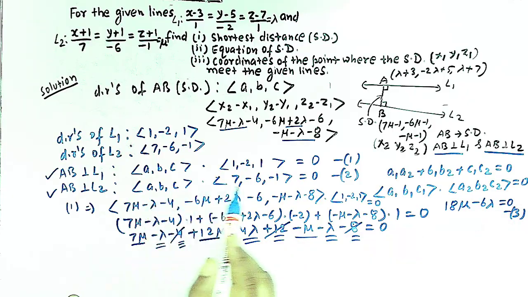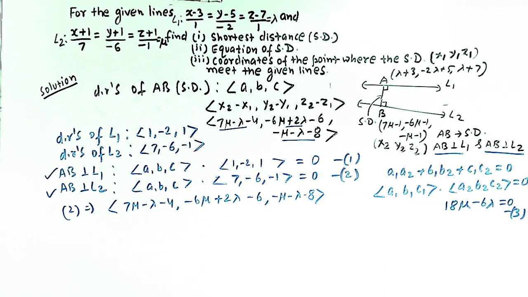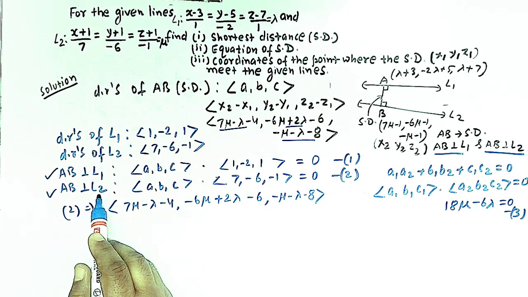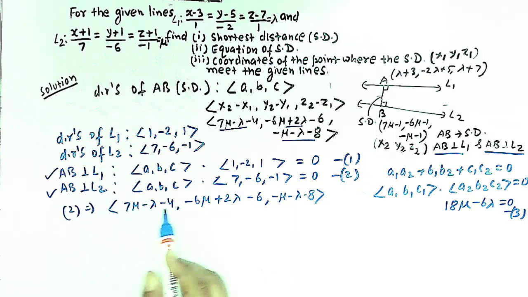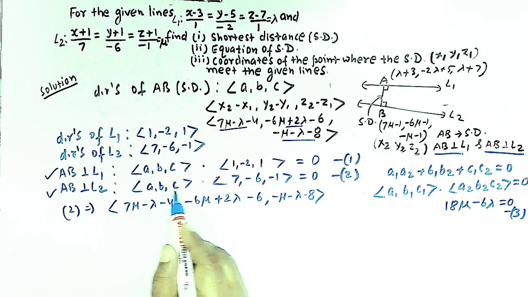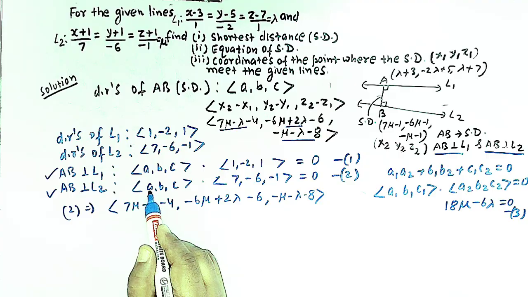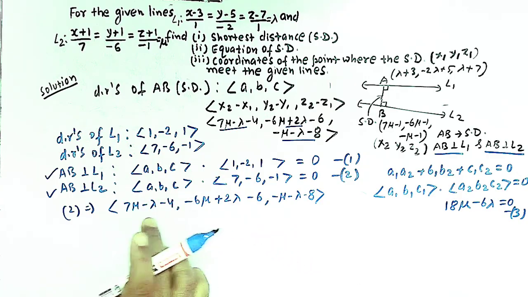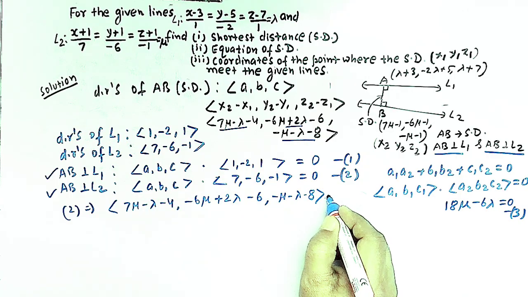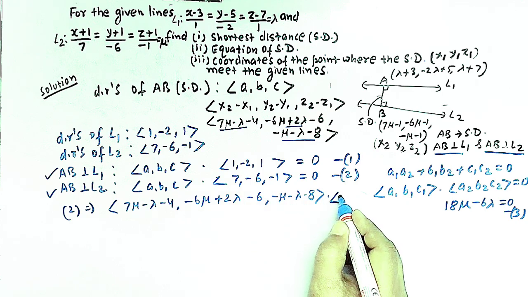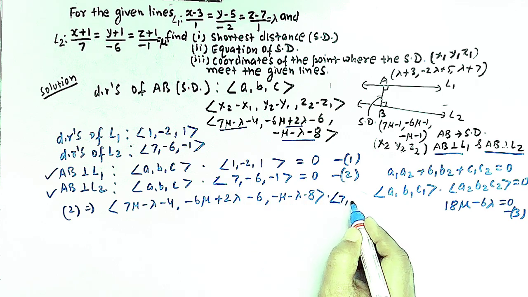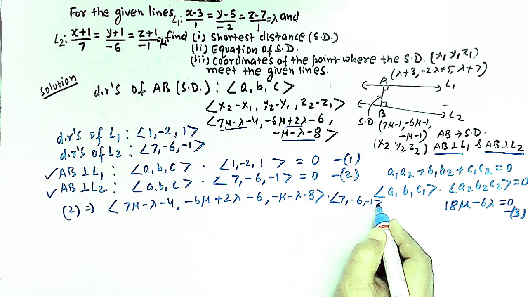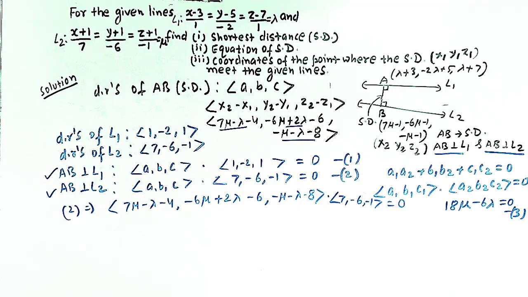So now let us take the dot product of these two vectors. So when AB is perpendicular to L2, we have the dot product of these two vectors is equal to 0. So A, B, C are given by these three numbers, and here we have this vector 7, minus 6 and minus 1, and this is equal to 0.